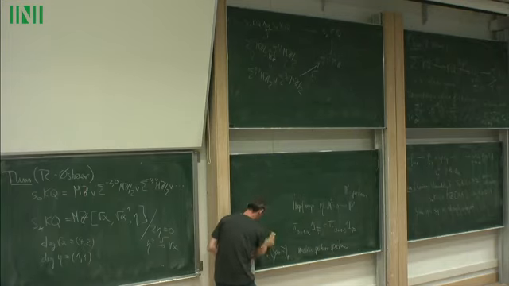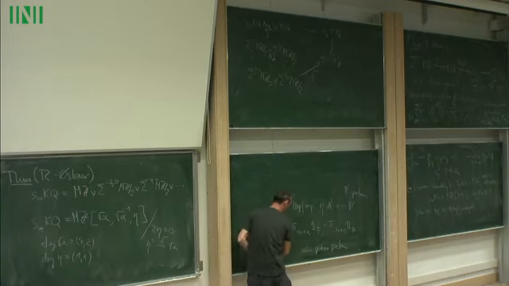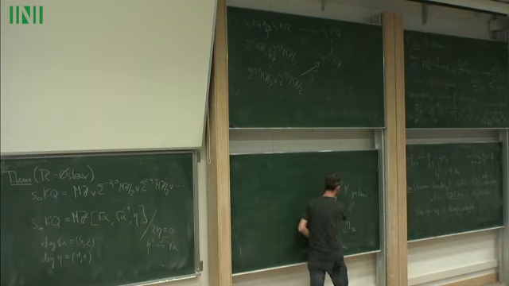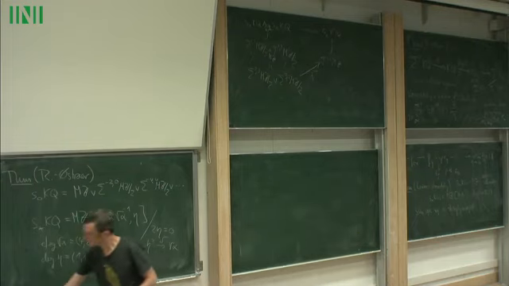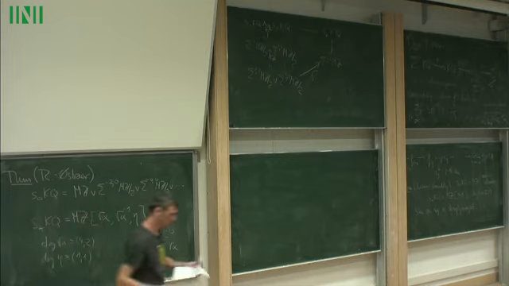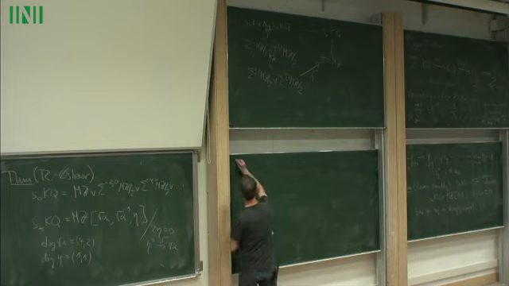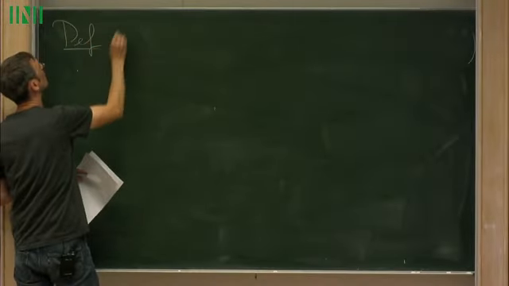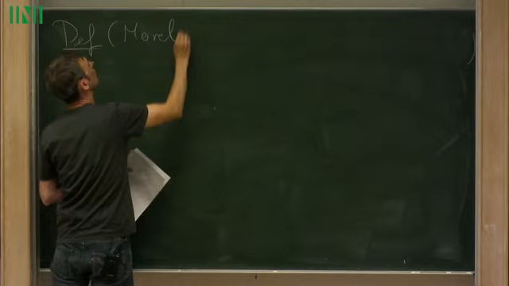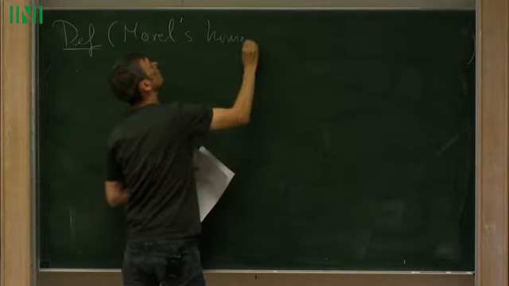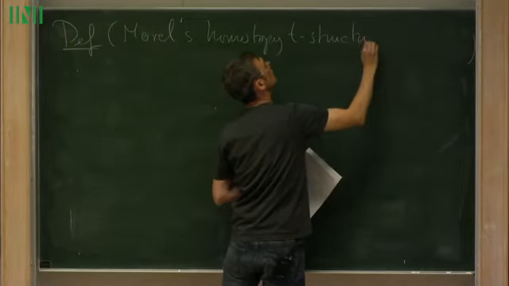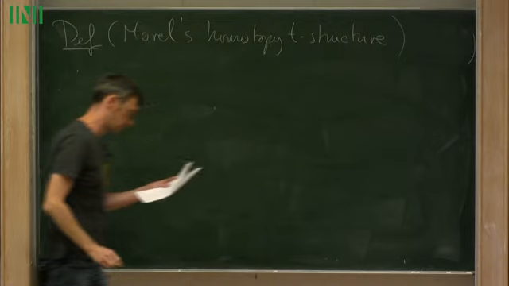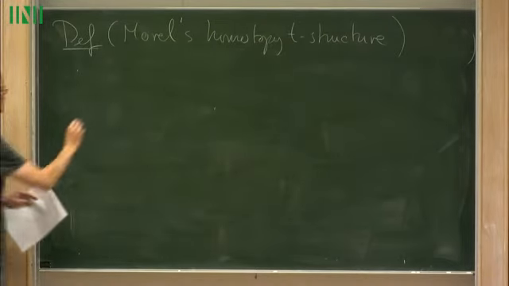Okay, so the next filtration that is coming up is Morel's homotopy t-structure, and it mimics the usual Postnikov filtration on the homotopy categories. Here's one way to define it.